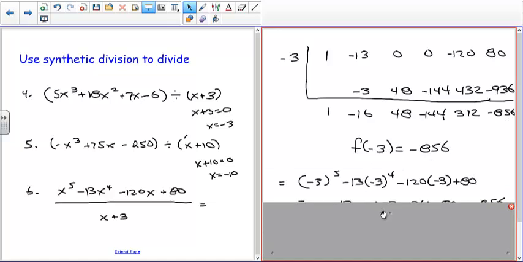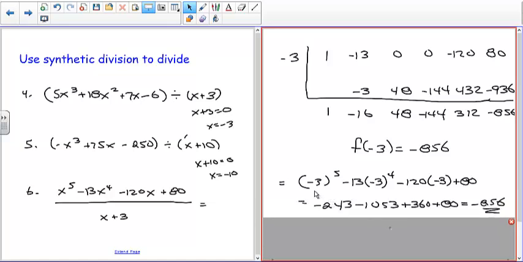So if we plug that into the original numerator, we have negative 3 to the 5th power minus 13 times negative 3 to the 4th power minus 120 times negative 3 plus 80. So negative 3 to the 5th power, which is negative 3 times negative 3 times negative 3 times negative 3 times negative 3, is negative 243.